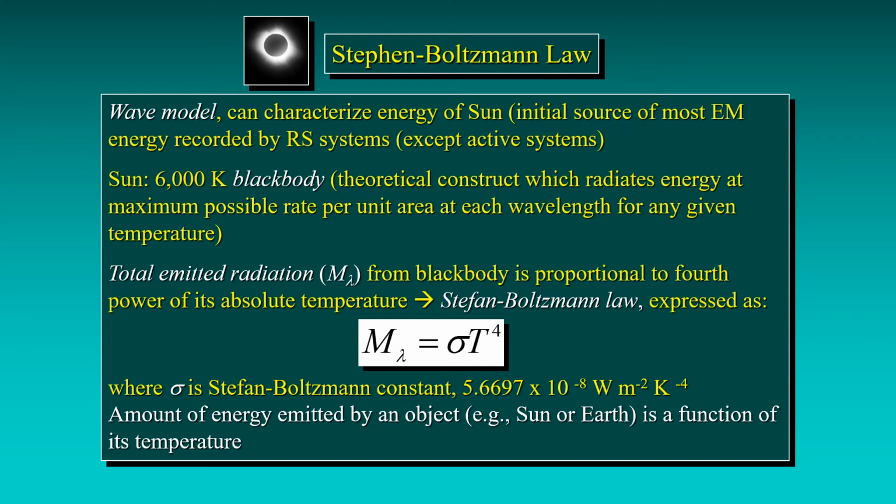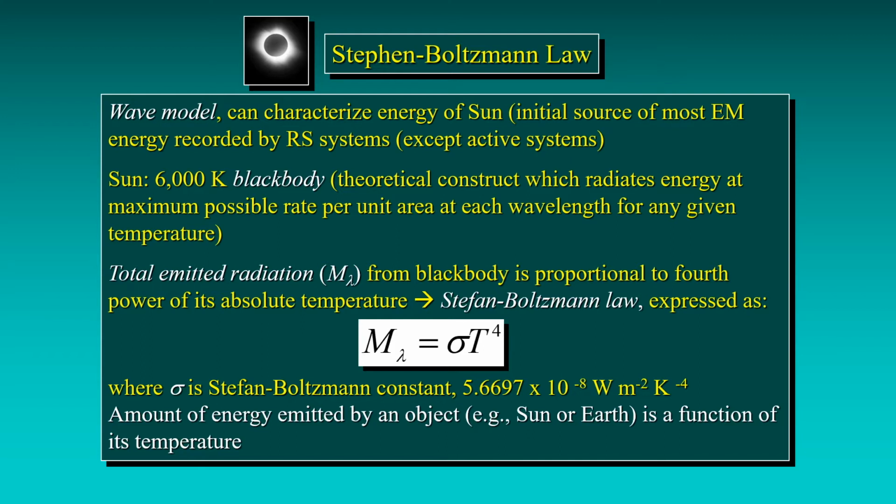The total emitted radiation from a black body, which we denote with capital M here, where the lambda subscript denotes that it is a wavelength-dependent quantity, is proportional to the fourth power of its absolute temperature. This is what we refer to as the Stefan-Boltzmann law.